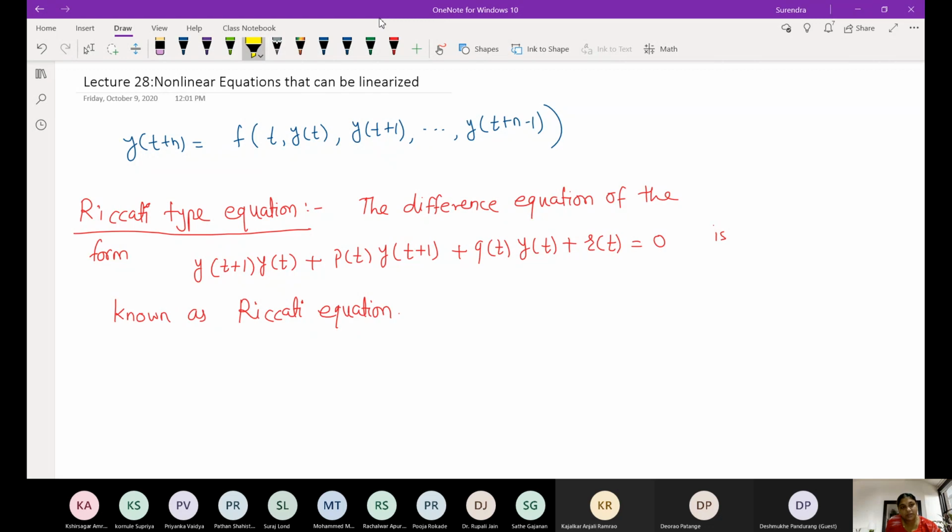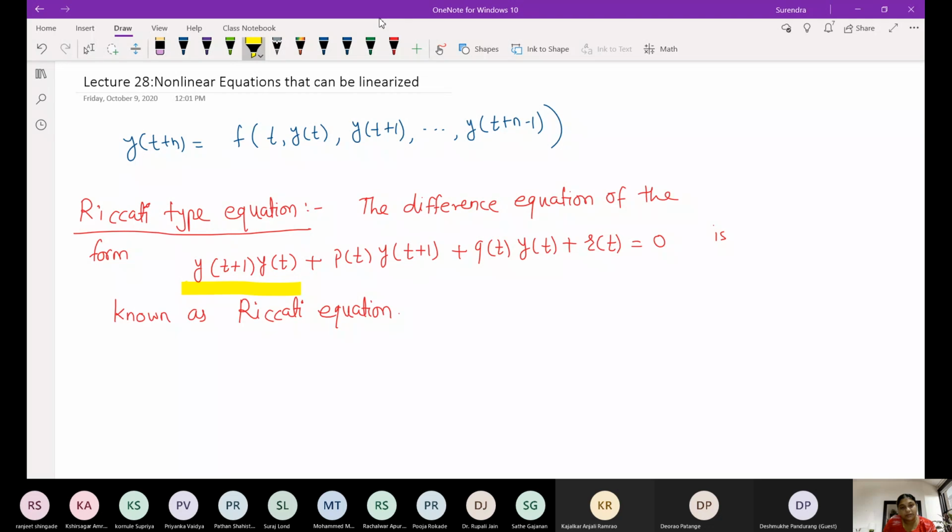In the first chapter only we have discussed what is meant by linear difference equation and non-linear difference equation. Here you can't see the first term. What is this? y at t plus 1 into y at t. It is a product. If it contains products of the dependent variable, that will be a non-linear term. So how can it be linear? This is a non-linear type of equation.